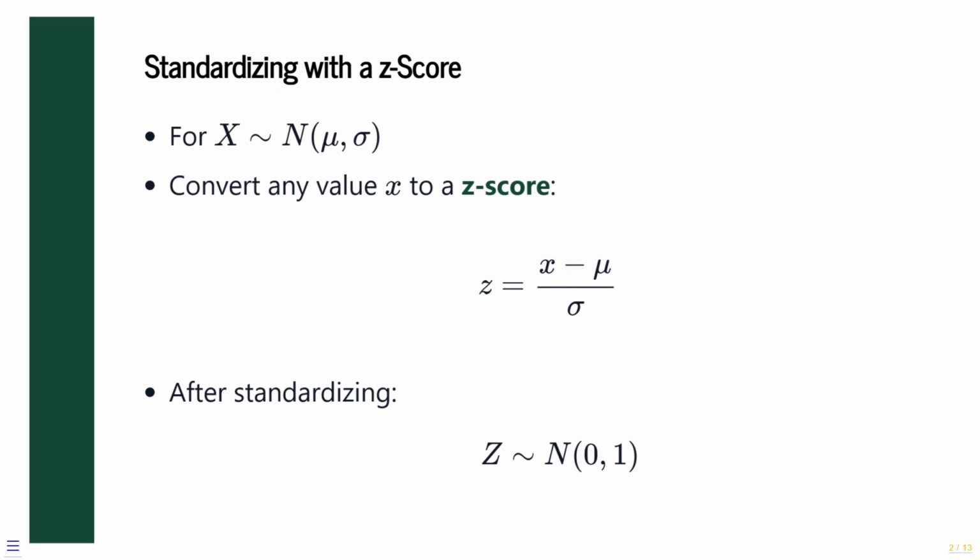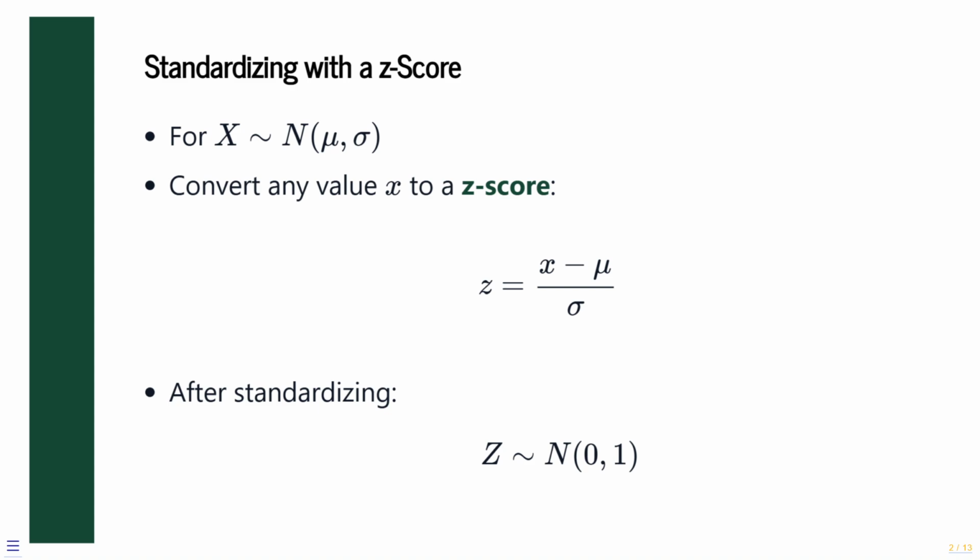This standardization step is the bridge that allows us to move from any normal model to the universal standard normal curve. Here we introduce the formula for the z-score. If the random variable x is normal with some mean mu and some standard deviation sigma, the standardized value corresponding to an observation x is given by z equal to x minus mu divided by sigma.